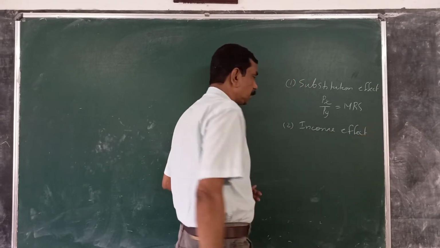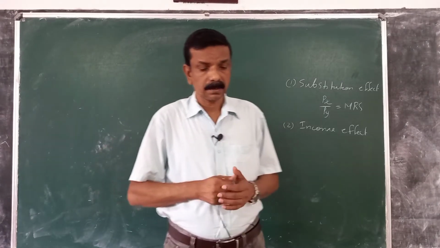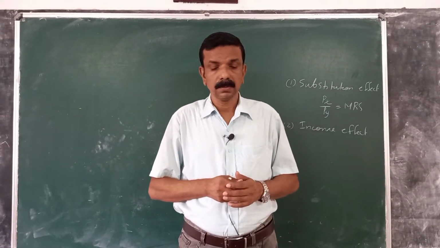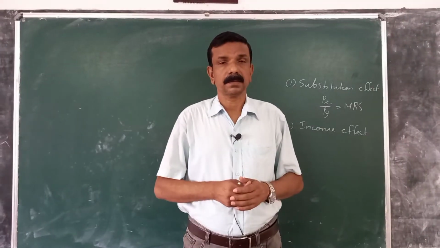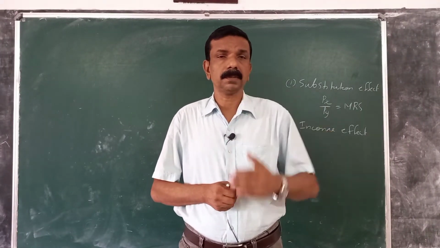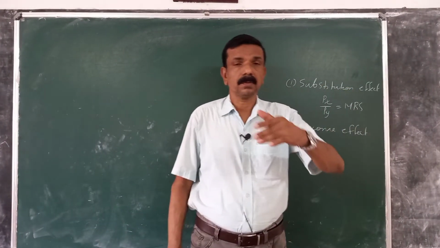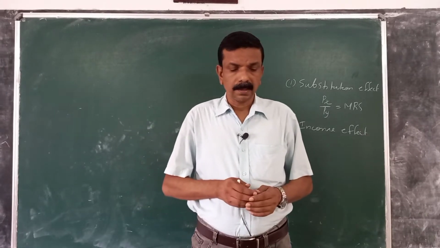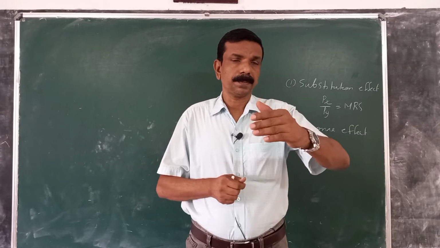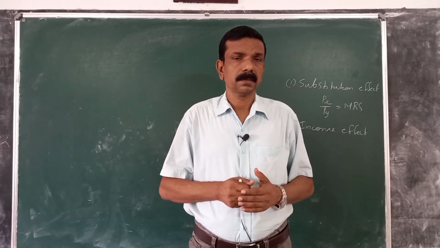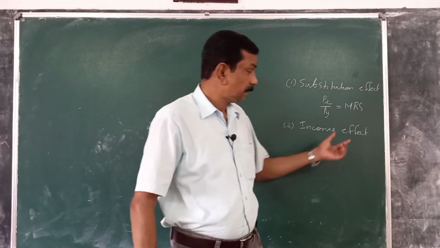So when the price of a commodity changes, the quantity demanded of the commodity changes due to both substitution effect and income effect. That means we have to decompose a price effect into substitution effect and an income effect. In the case of income effect, the consumer cannot stay on the same indifference curve.